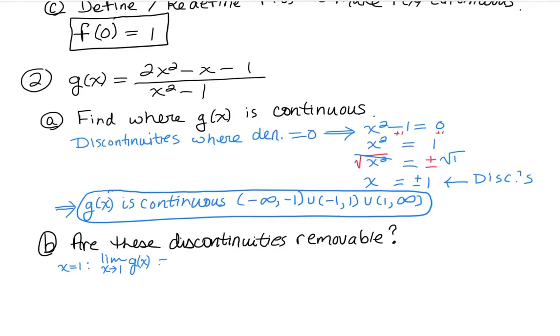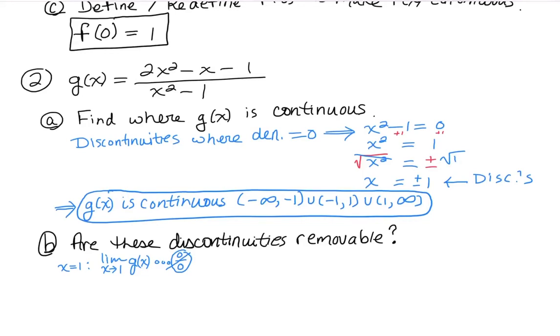Now initially, if I sub in 1, I get 2 minus 1 minus 1, 0 over 0. So what we're thinking relatively quickly when we try direct substitution is we get 0 over 0, which is an indeterminate form.